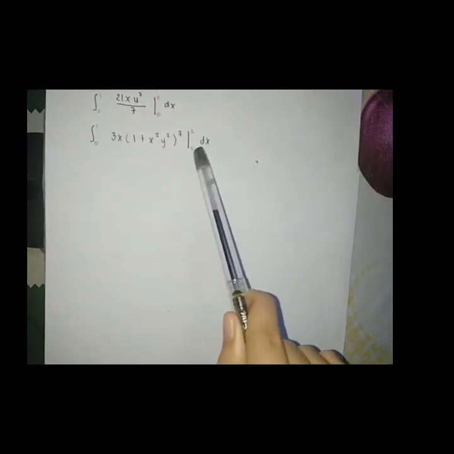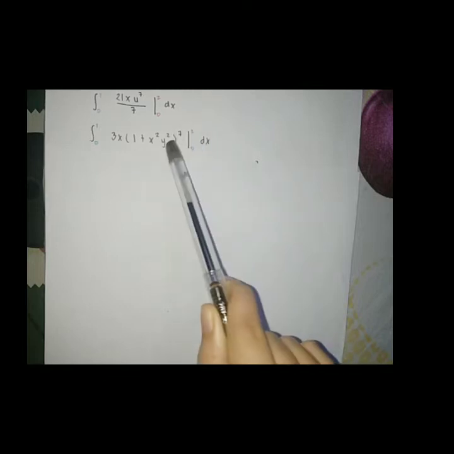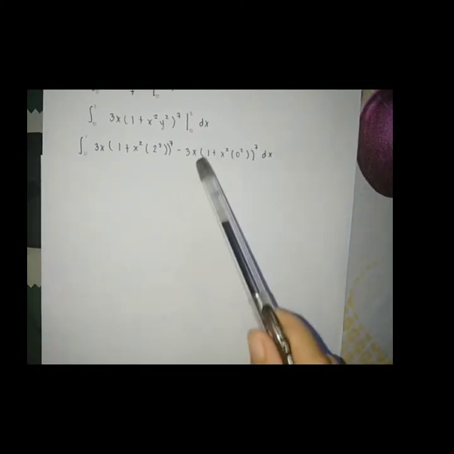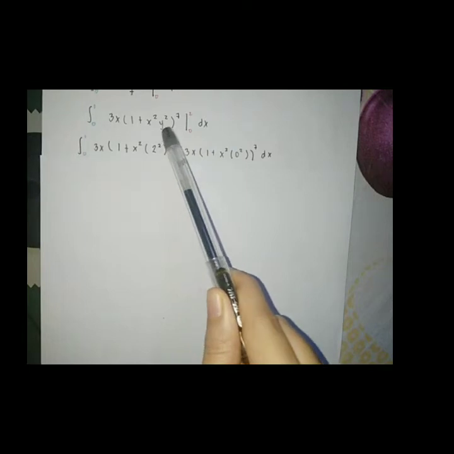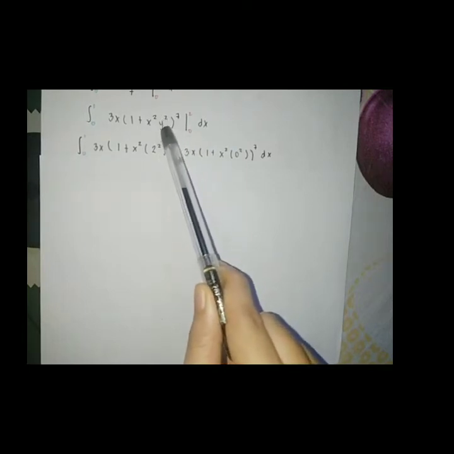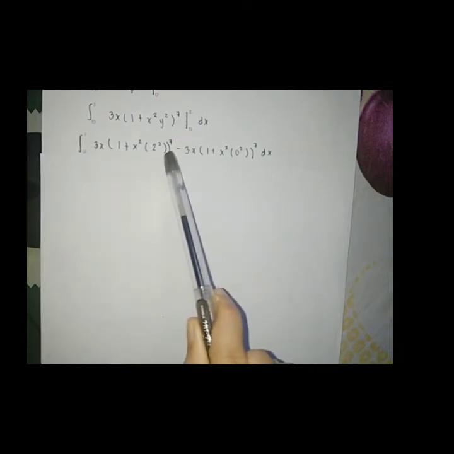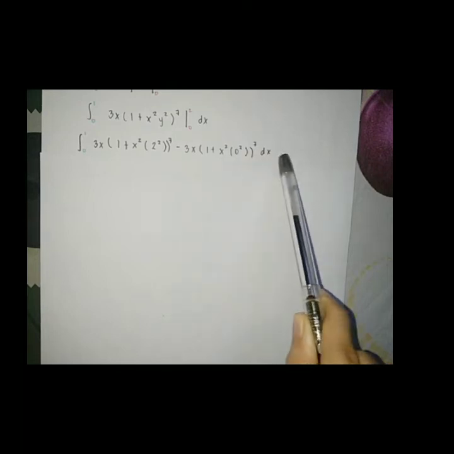Then we plug in these limits to the y variable, which is y squared. Since it is with respect to y, it is bounded and we substitute in y. So here, 3x quantity 1 plus x squared times 2 squared, since the upper limit comes first, raised to 7 minus 3x quantity 1 plus x squared times 0 squared raised to 7 dx.